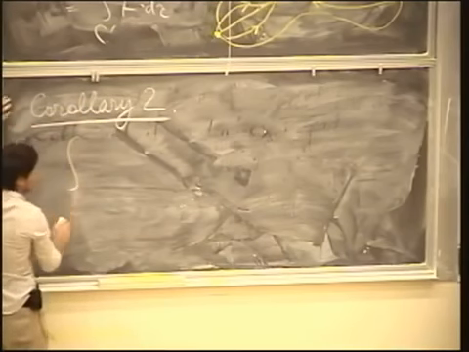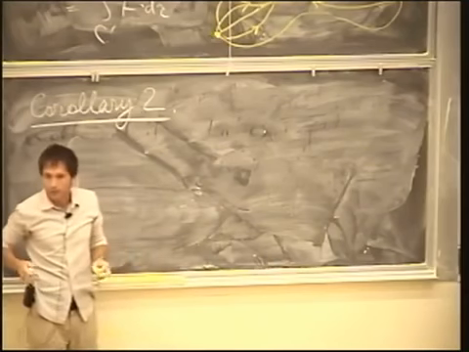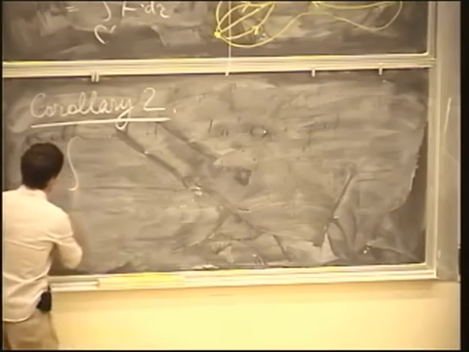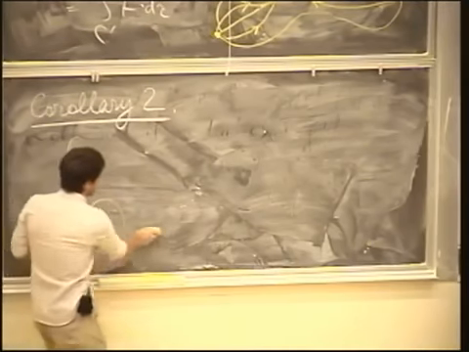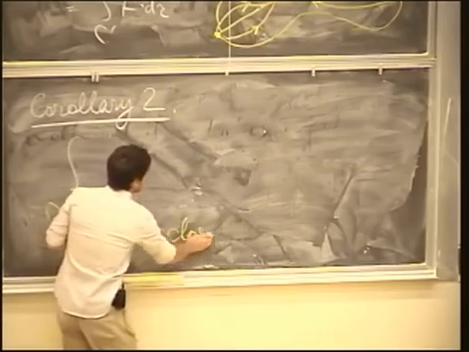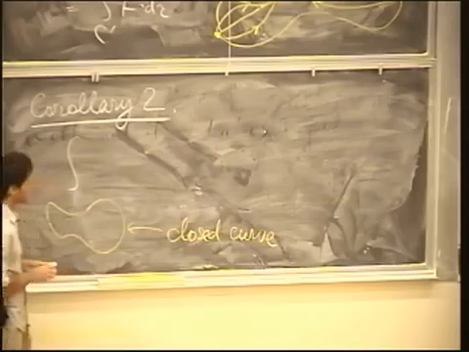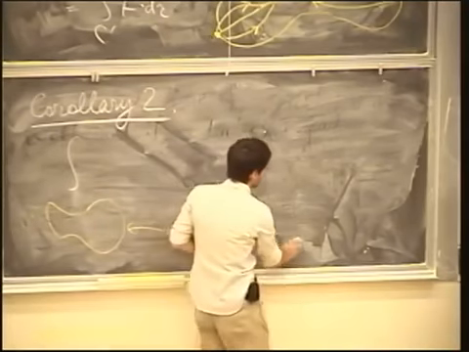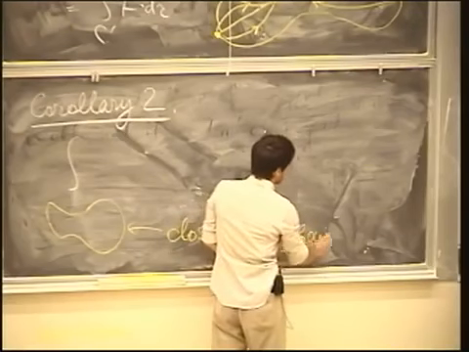That if you integrate over a closed curve, which is one which does not have endpoints, which does not have a boundary, I'll draw it like this. So we'll call such a curve a closed curve. A closed curve does not have a boundary. We talked about this last time, like a circle, for example. Its boundary is empty.